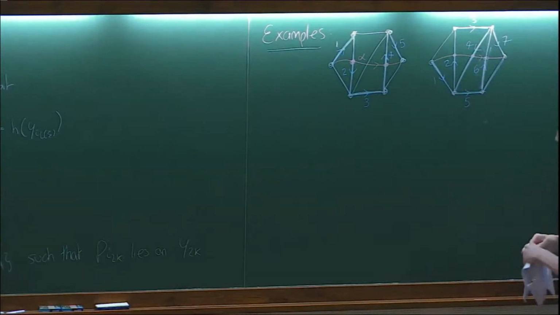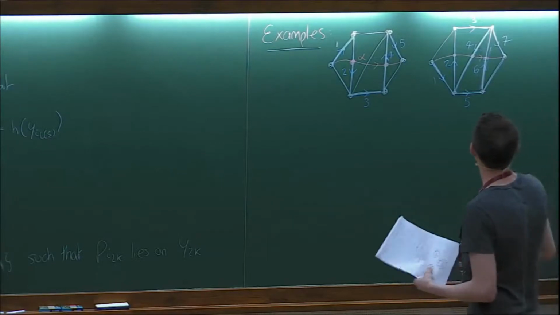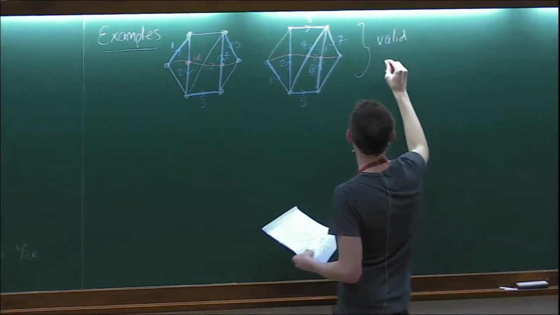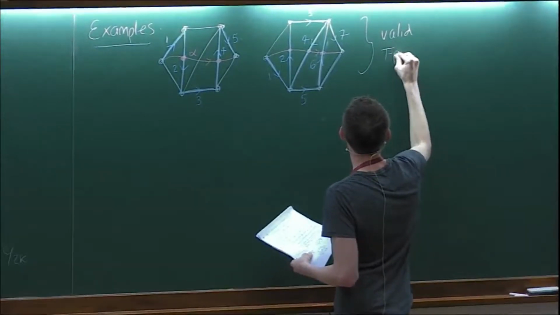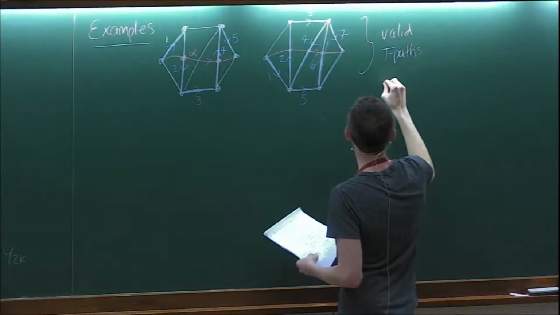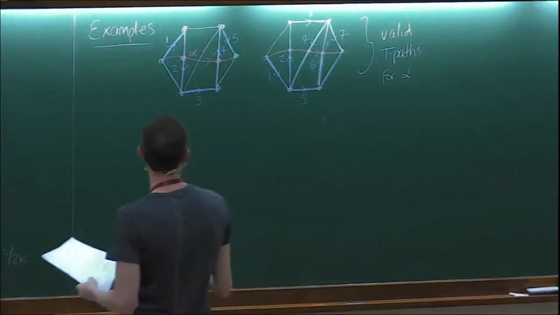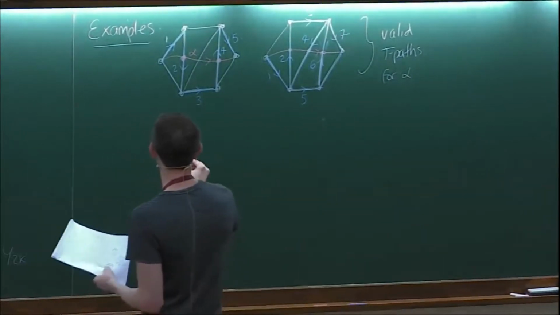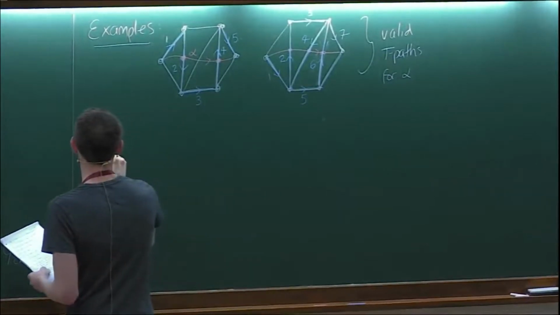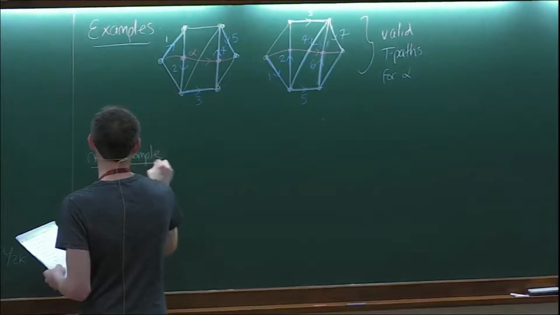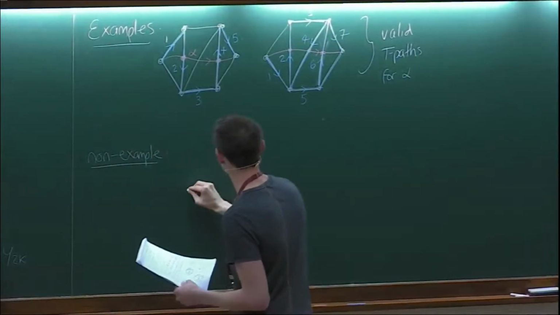Okay. So these are valid t-paths for gamma, for alpha, sorry. And now we can look at some non-example. Okay.